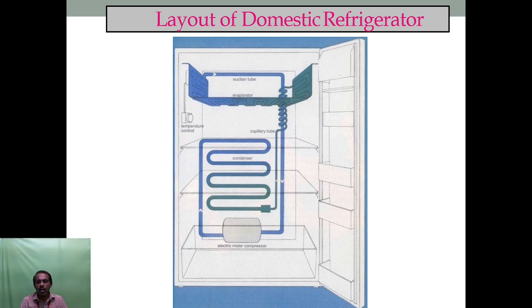If you want to increase the cooling of the object, the temperature control may be used. If you want more cooling, more work is done by the compressor, which releases heat, and the evaporator absorbs heat.